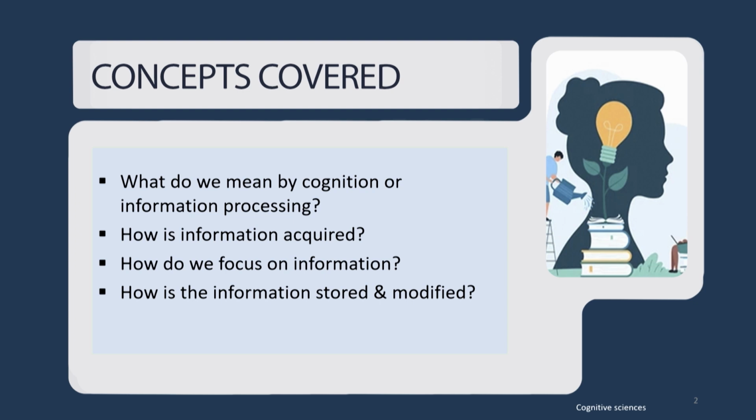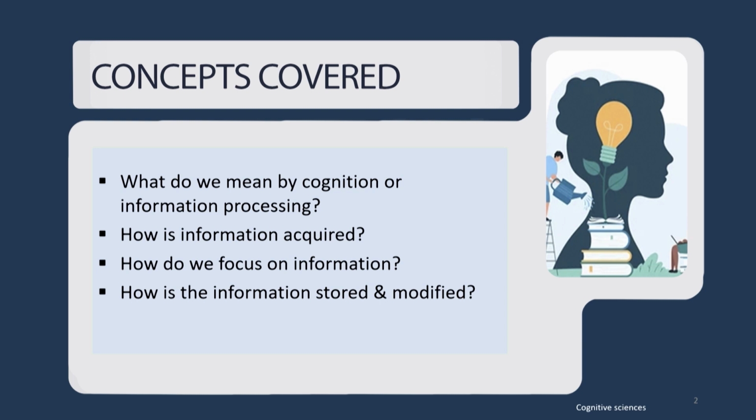And through this module, I will tell you first how information is acquired, that is, how information is registered through sensation and perception, and how we attend to information, which is how we focus on information.